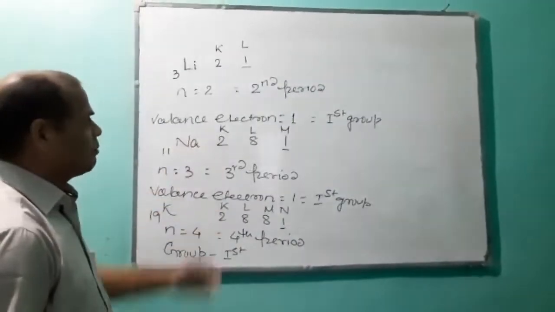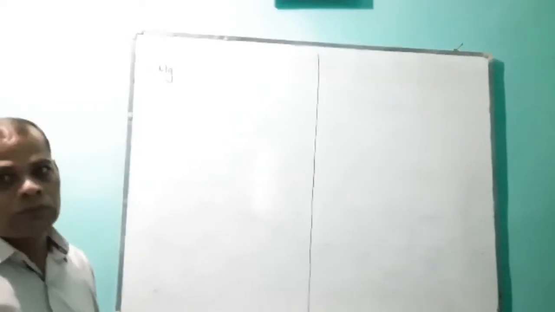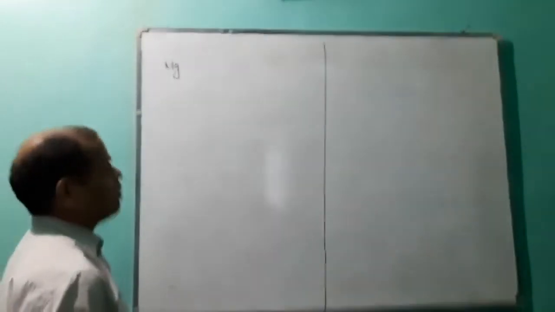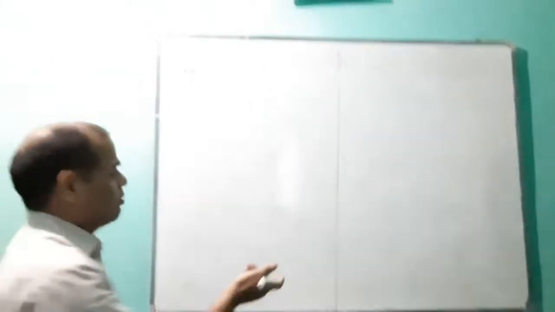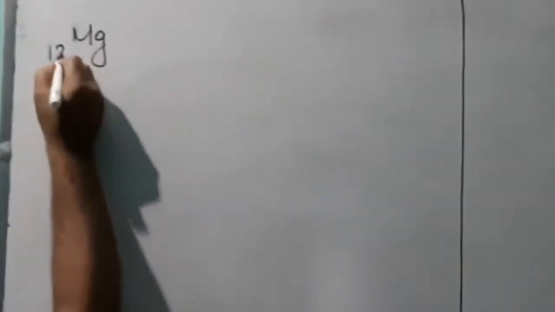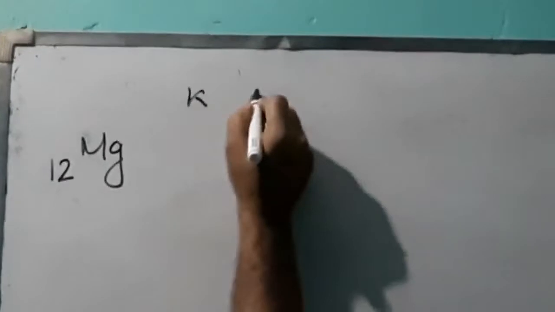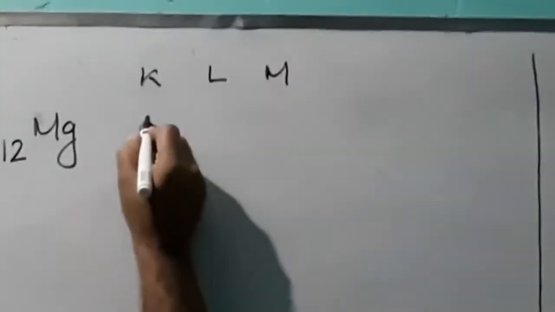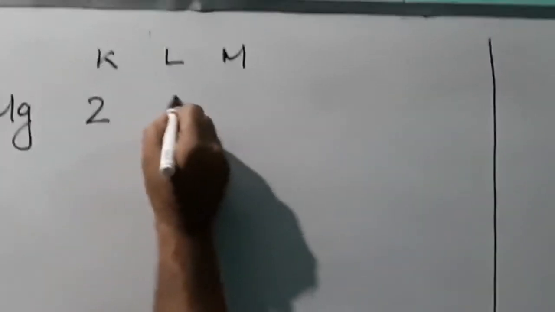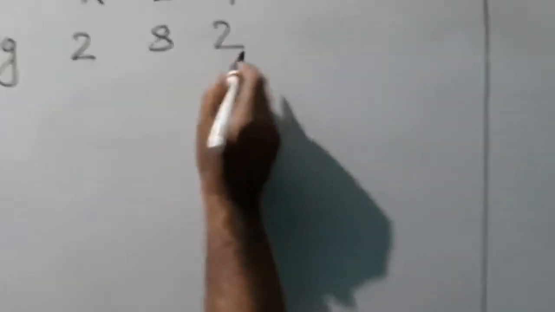Now let us take some other example. Let us talk about magnesium. As you know, magnesium has atomic number 12, so the electronic configuration is K, L, M, that is 2, 8, 2.